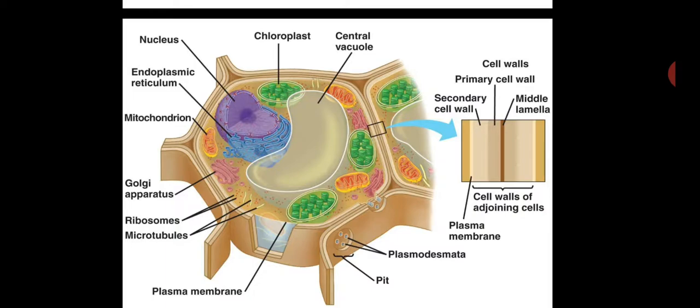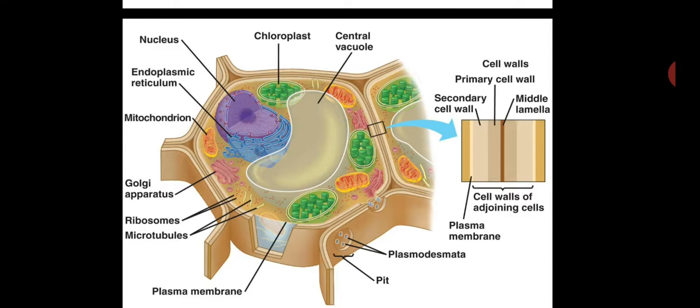All these are important cell organelles. After the plasma membrane, there is a clear-cut cell wall. You can see it here.